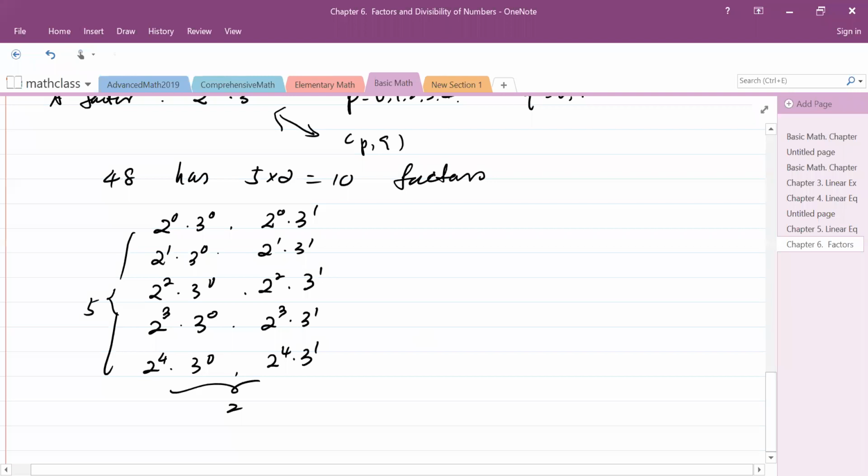And the total is 10. Each row contains 2 numbers, and there are 5 rows. So 5 times 2, a total of 10 numbers.